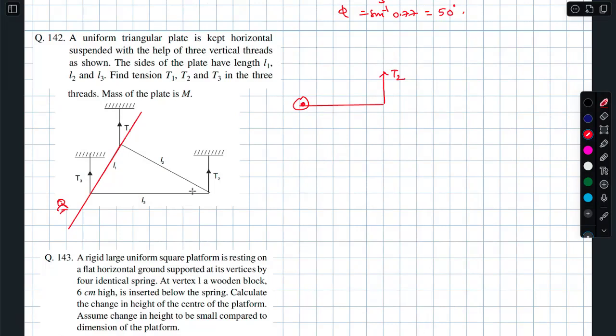For a plate like this, L1, L2, L3 are the sides. Where does the center of mass lie? You have to tell me. The plate needs a center of mass, right?